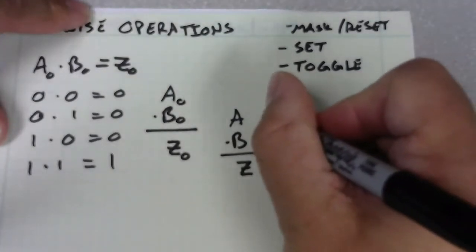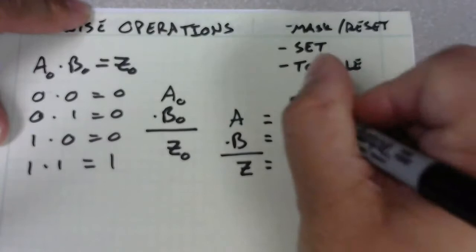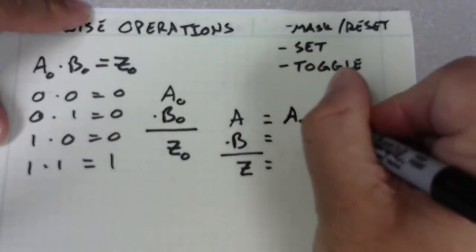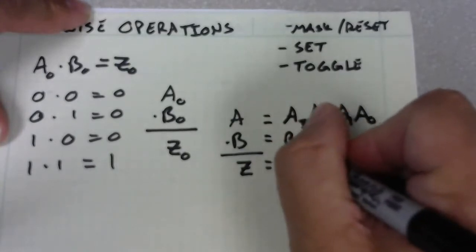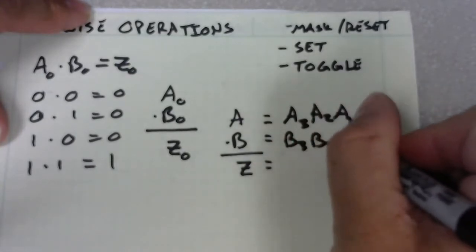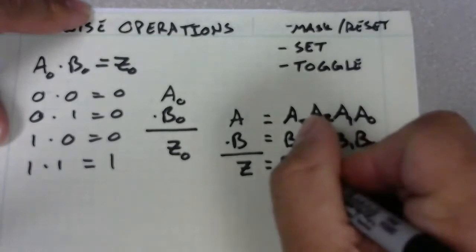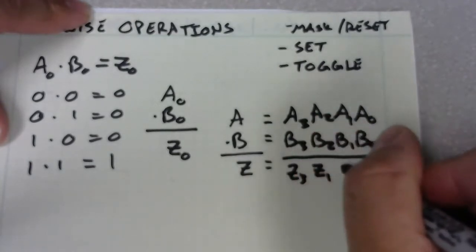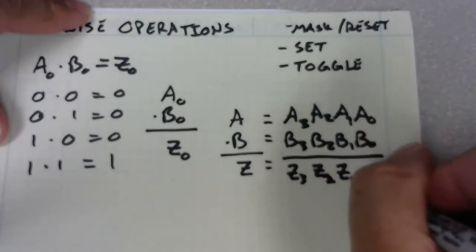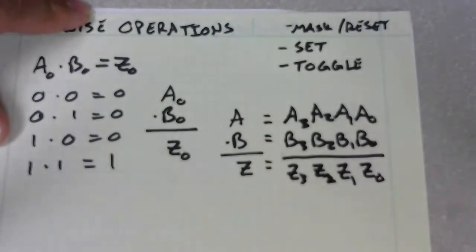So this would be A3, A2, A1, A0, and B3, B2, B1, and B0. And all that equals Z3, Z2, Z1, and Z0, like that.